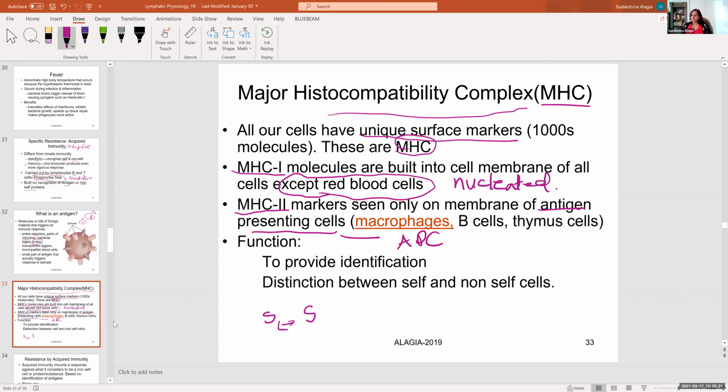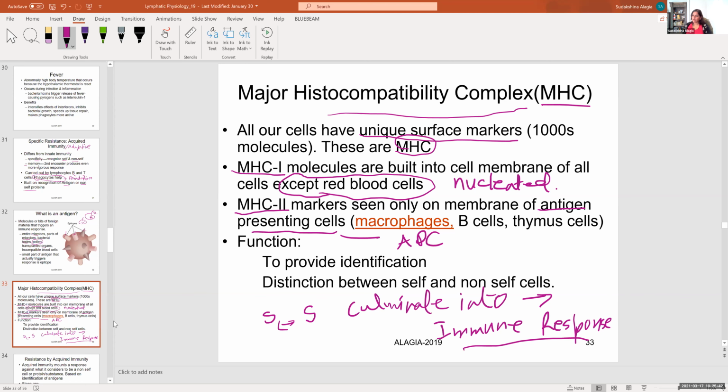So basically, what adaptive immunity culminates into, unlike the inflammatory response, is what we refer to as immune response. Everything that we'll talk about today and next class, all the interaction between different cells, presentation, etc., will culminate into what we call immune response. That's what adaptive immunity does.